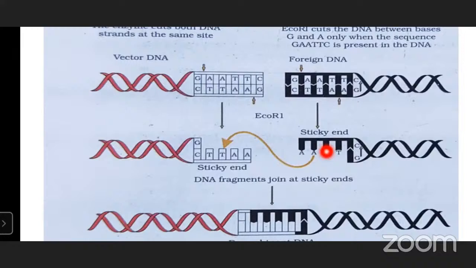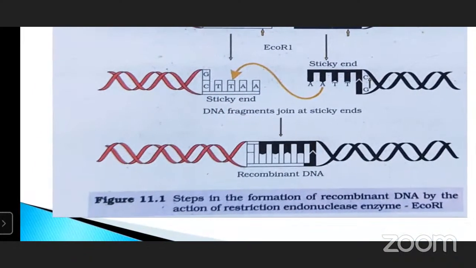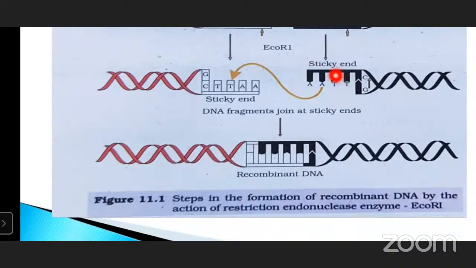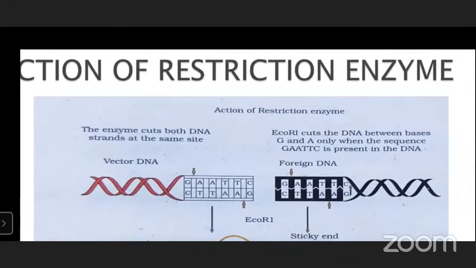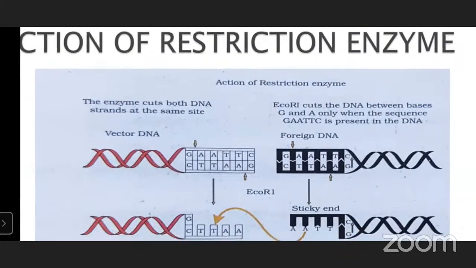This foreign DNA is easily inserted in the vector DNA by the formation of sticky ends. So this foreign DNA is inserted into the vector DNA and they can form a recombinant DNA or rDNA. This is the action of the restriction enzymes.